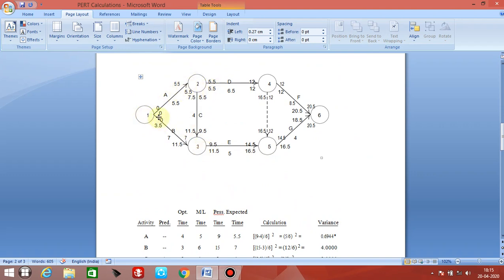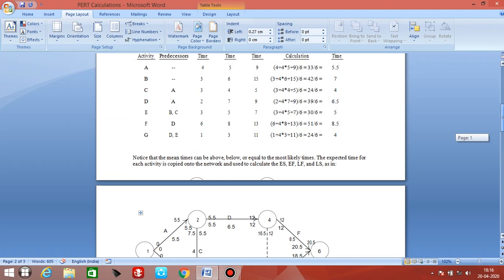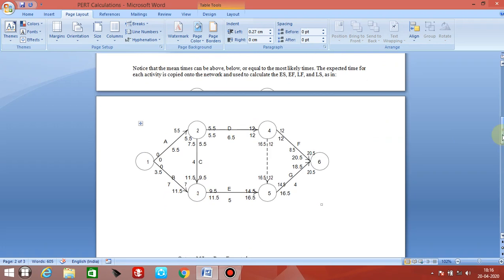This is activity A, this is activity B, and C has predecessor A. So I have joined 2 and 3, which is activity C, whose predecessor is A. Next, we have D, whose predecessor is also A. So from node 2, I have taken the activity D, which has predecessor A and starts from node 2.